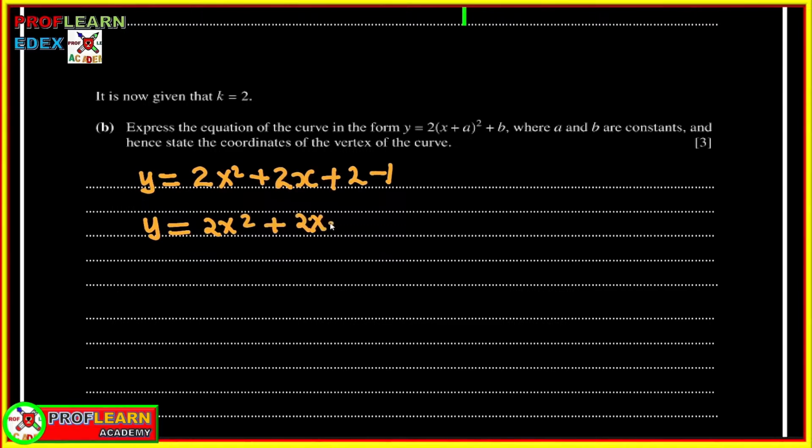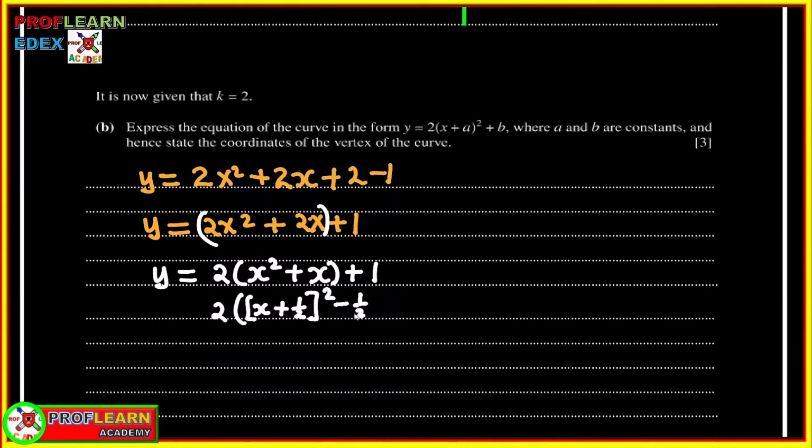So you're going to factor out what's common and then try to complete the square inside the bracket, right? Then remember to subtract the square of a half, and then we shall say plus 1.